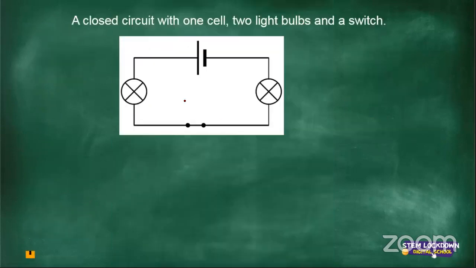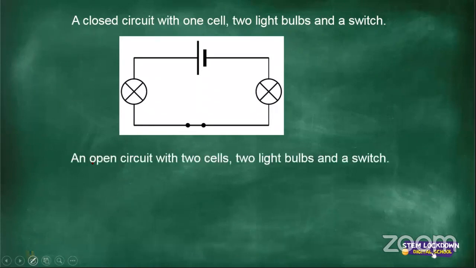So here we have a closed system. It has one cell, two light bulbs, and you can see that the switch is closed. So this is how you would draw your system when they ask you in class or in exam.